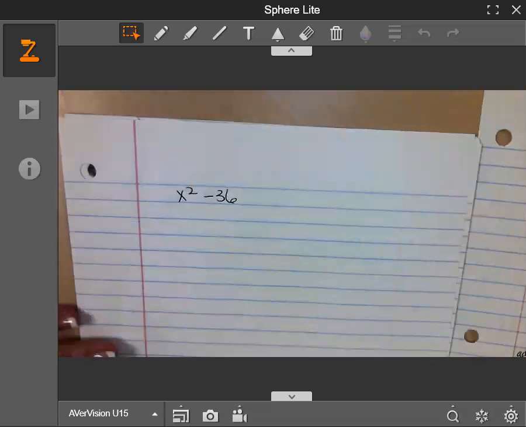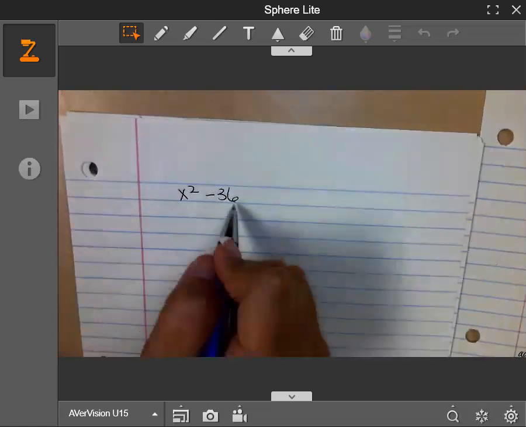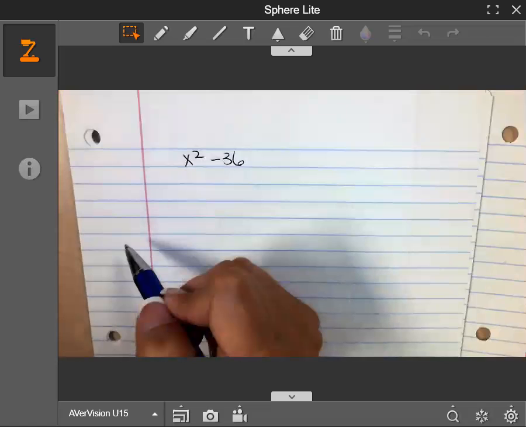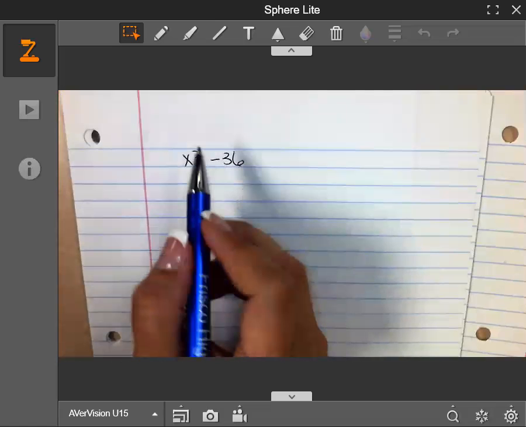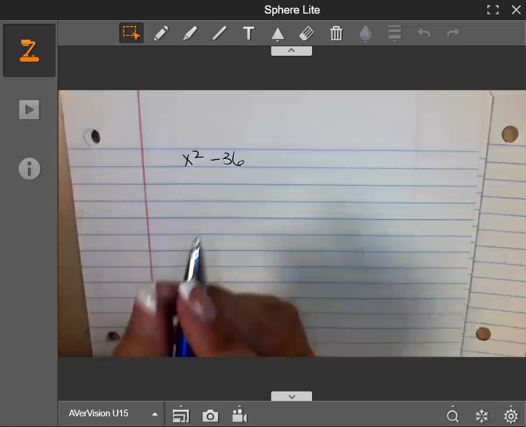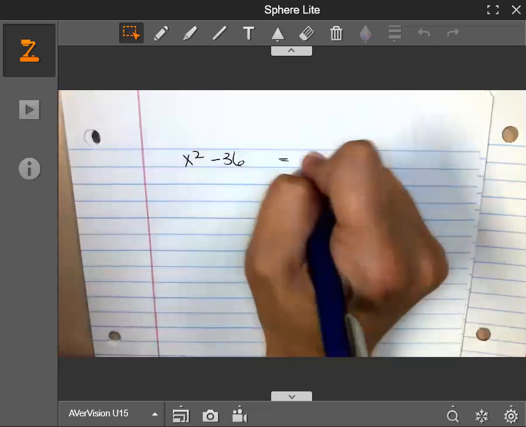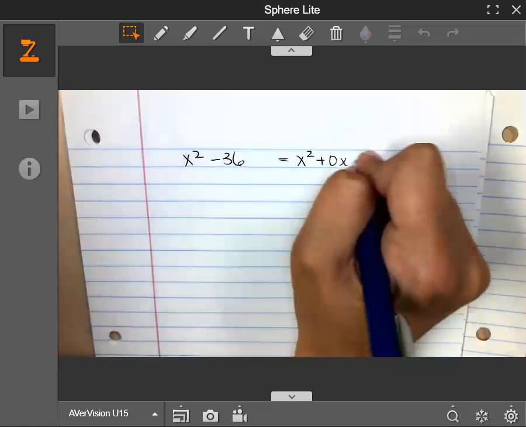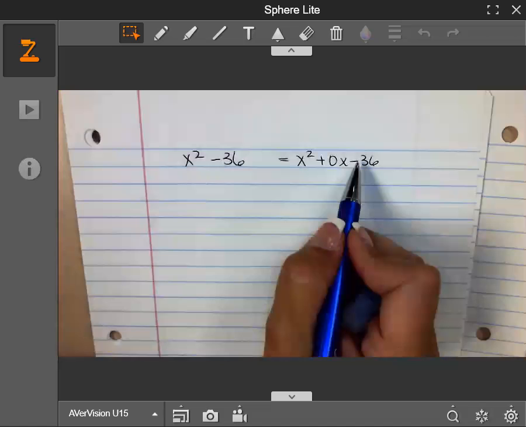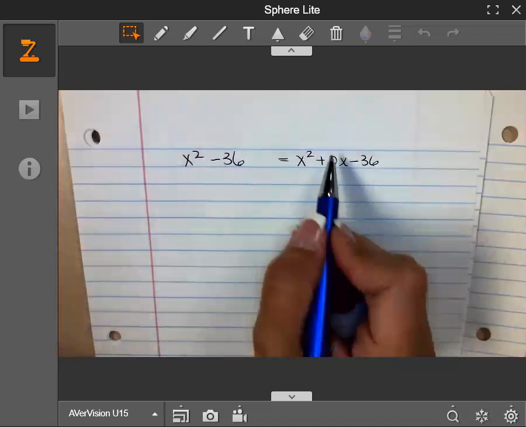This one here has two terms, but it does not have a GCF since there's nothing that goes into both of these terms. We can think about it though as we did those ones we were just talking about, because that's the same thing as having a 0 in the middle. So we're looking for what multiplies to be negative 36 and adds to be 0.